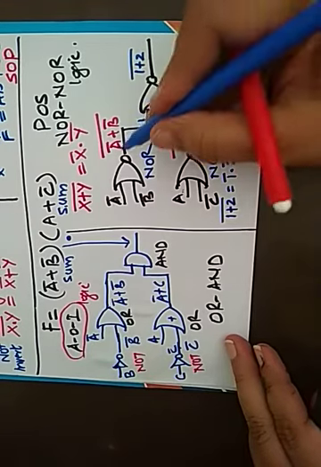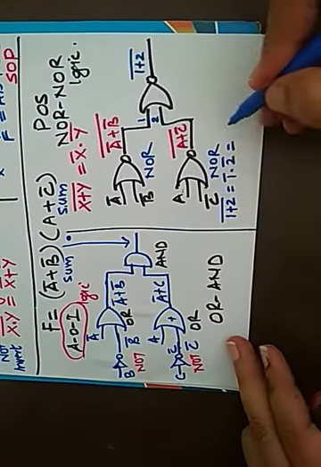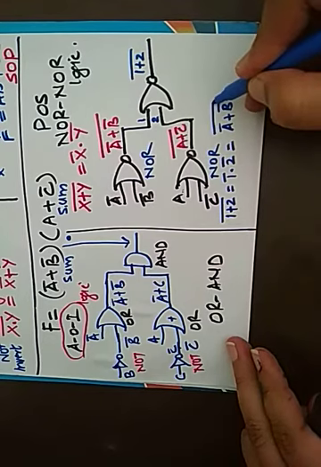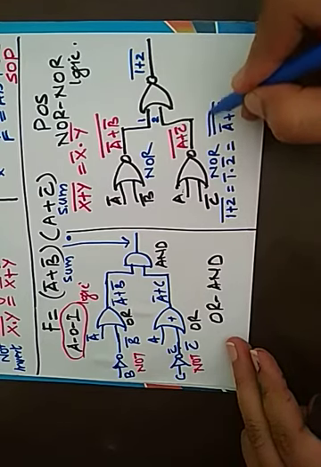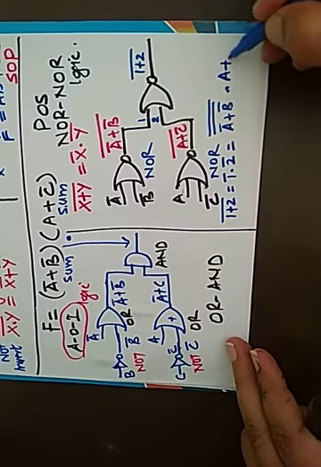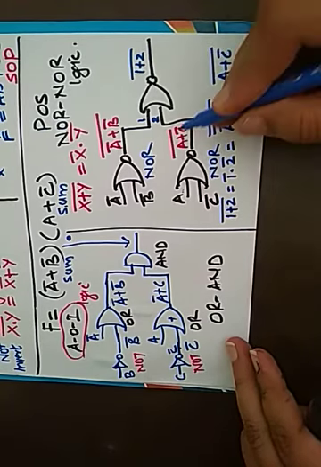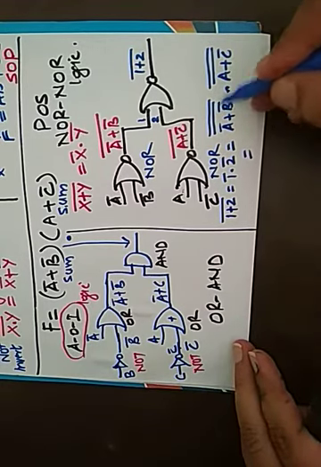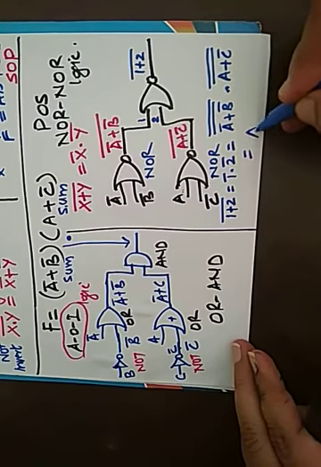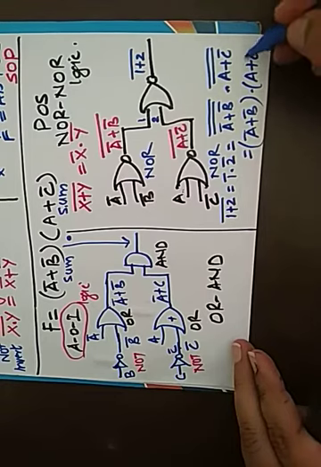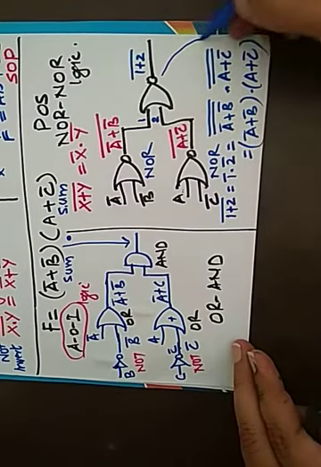What is 1? A bar plus B bar. This is 1, and 2 is A plus C bar. Another bar, and the double bar negates itself. So this becomes A bar plus B bar into A plus C bar. So this function is obtained over here.